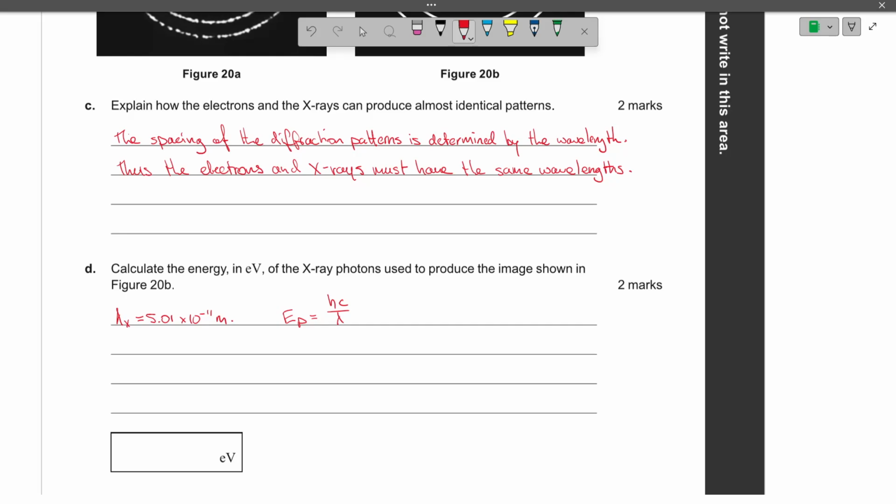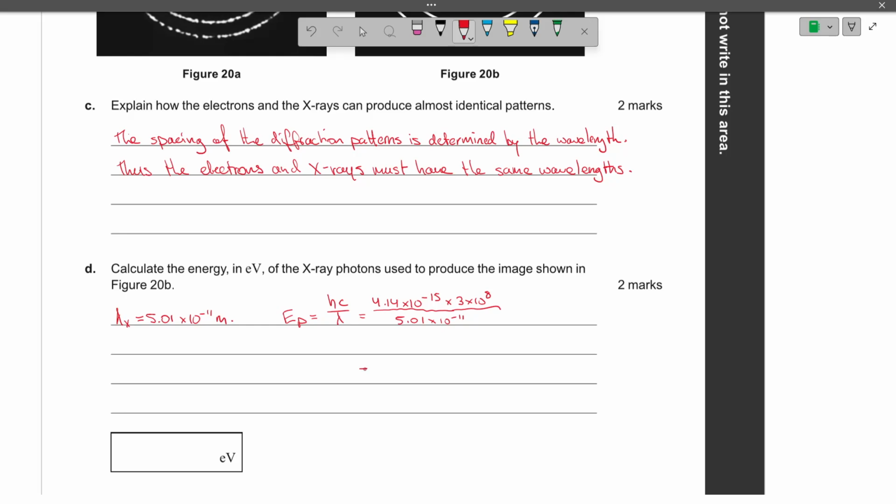h is Planck's constant. Because we want our answer in electron volts, we can use the electron volt second version of h, so that's 4.14 times 10 to the minus 15. c is the speed of light, and lambda here is our wavelength, which is the same as the de Broglie wavelength of the electrons.